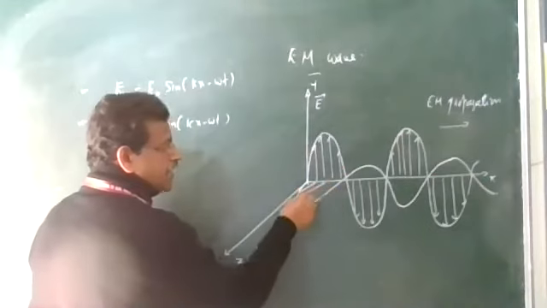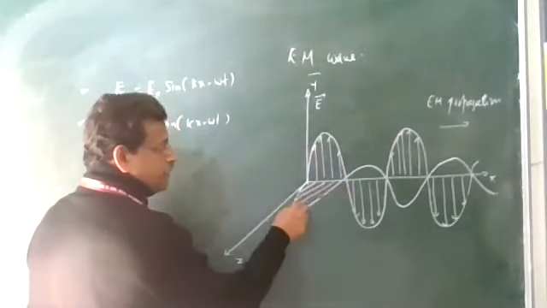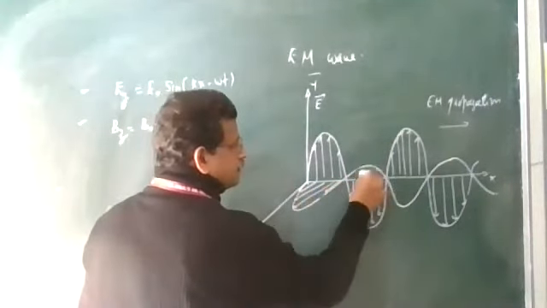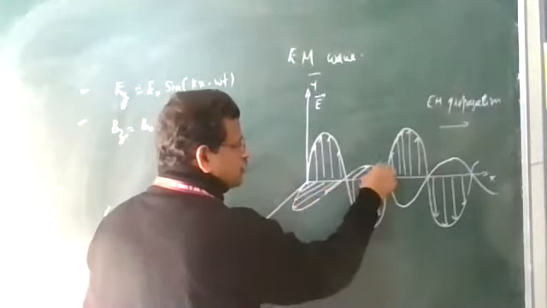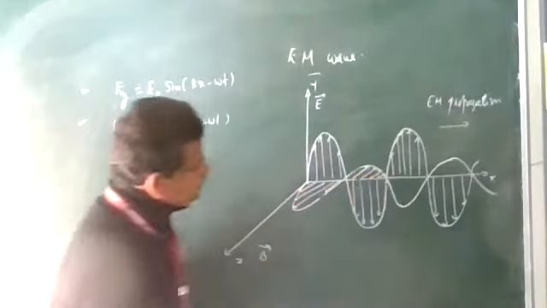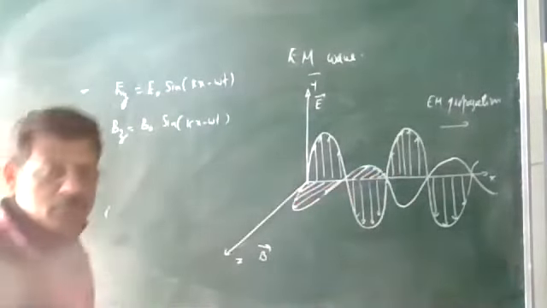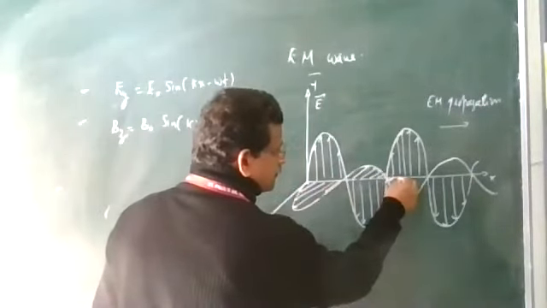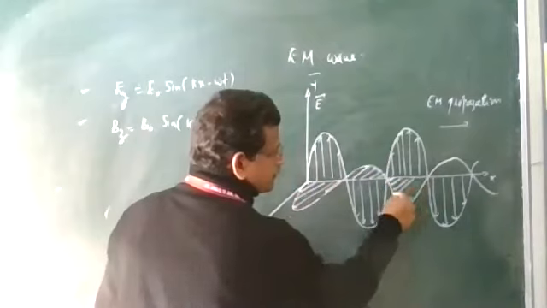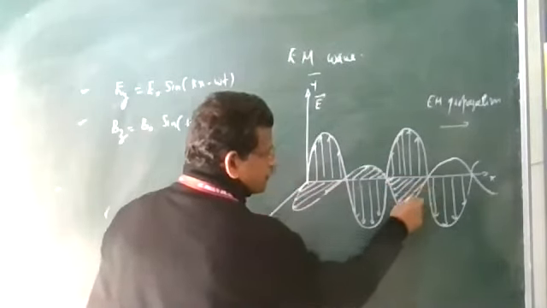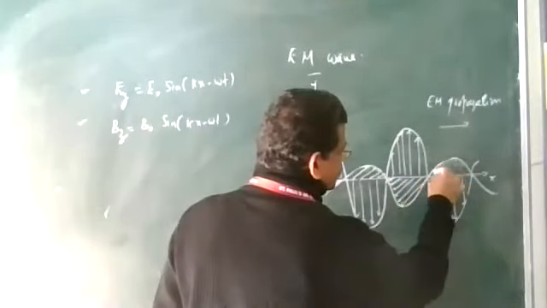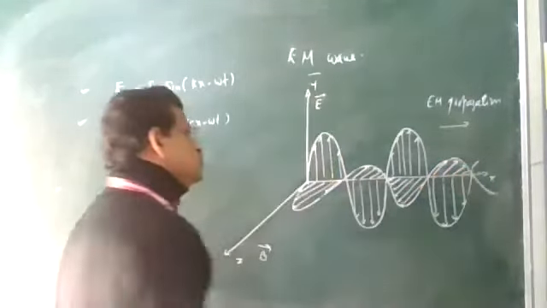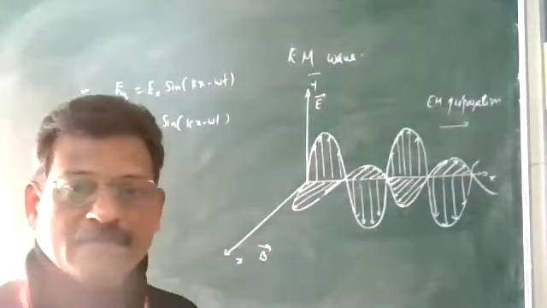These vibrations of the magnetic field appear to be perpendicular. So in an electromagnetic wave, electric and magnetic fields are perpendicular to each other. So this is the way they propagate in the medium.